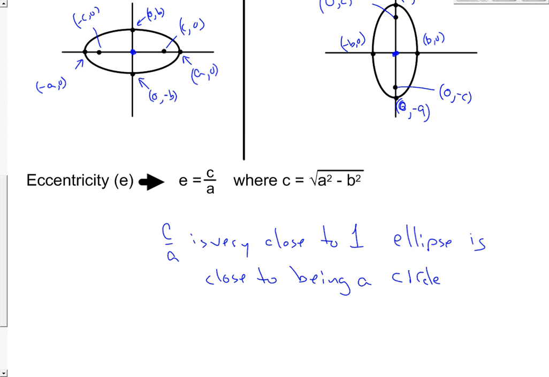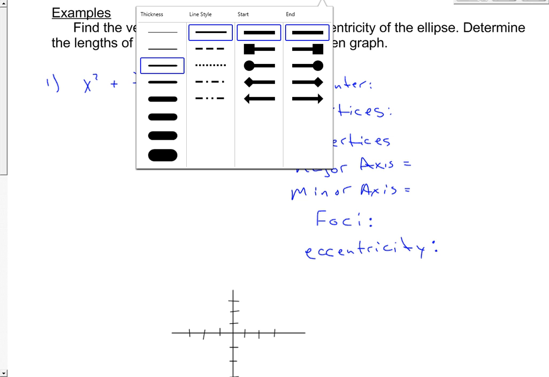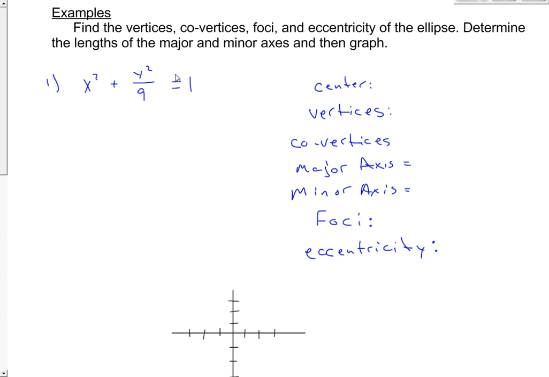All right, let's look at some examples here. Here I've got x squared plus y squared over 9 equals 1. I need to find the vertices, co-vertices, foci, eccentricity, and then determine the lengths of the major and minor axes, and then graph this. So let's do this in red. All right. What I need to realize is if all I have is x squared, I need to put this over 1 because I need to have an a and a b value.